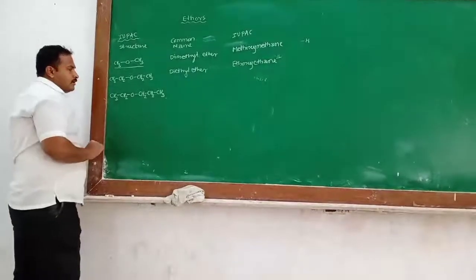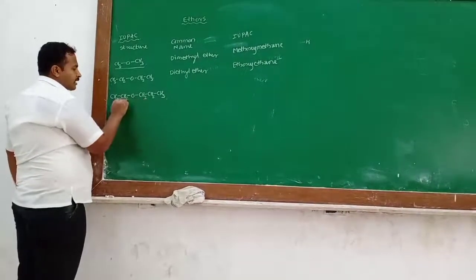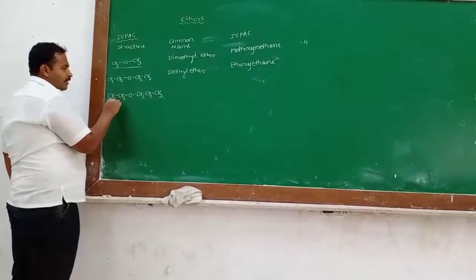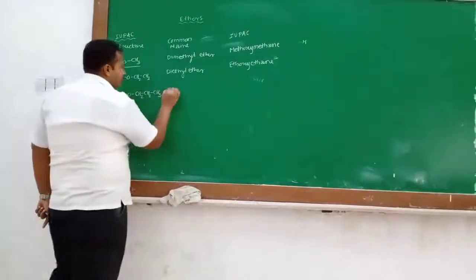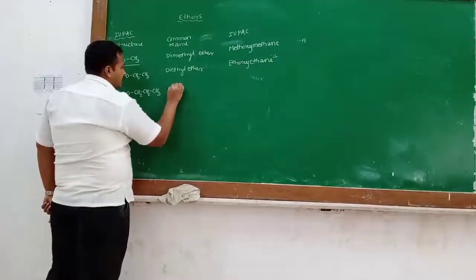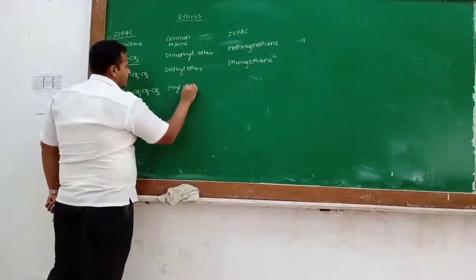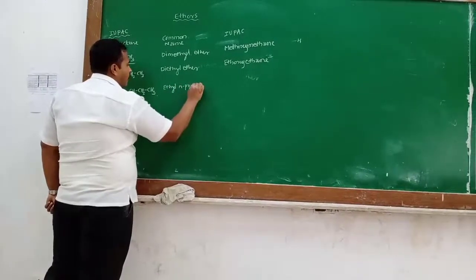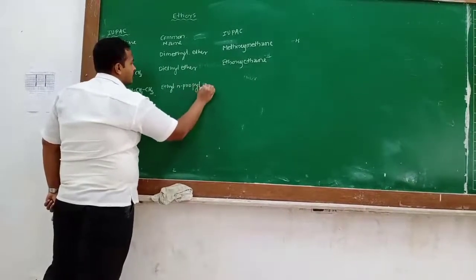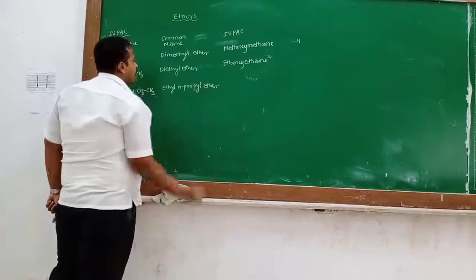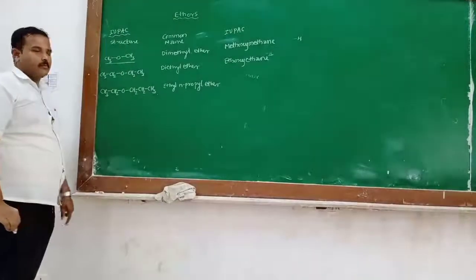Propyl starts with P, ethyl starts with E, and alphabetically E is first. Therefore, the common name is ethyl n-propyl ether.